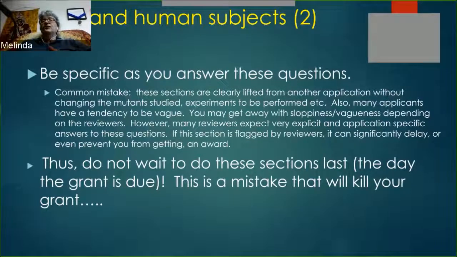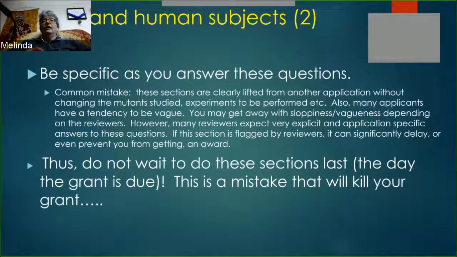In a human subject situation, the human subject section is written about this human population, but it's a different study, so you're talking about consenting for a different procedure. If those sections are lifted from another project, that can absolutely get you flagged, and it can really delay or even prevent you from getting the award.